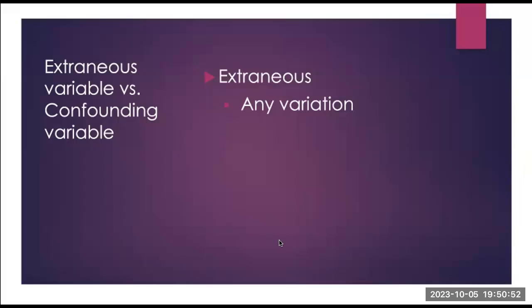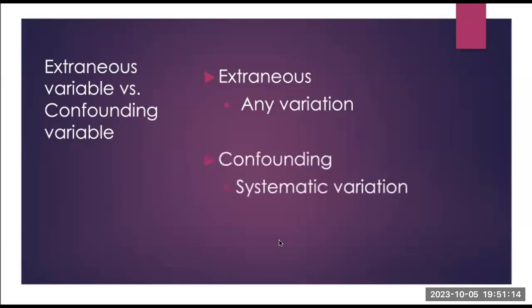It could be the time of day. If the experiment is happening in the morning, that could have a different outcome than if the experiment happened late at night, right? To control for that, we would make sure that all the experiments are happening at the same time of day. That's an example of controlling an extraneous variable.